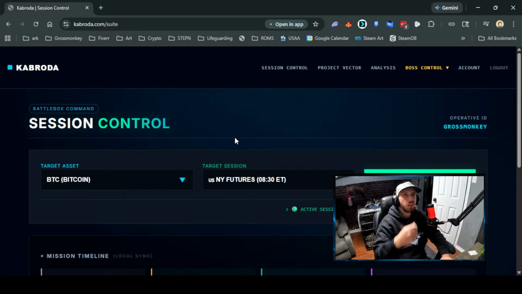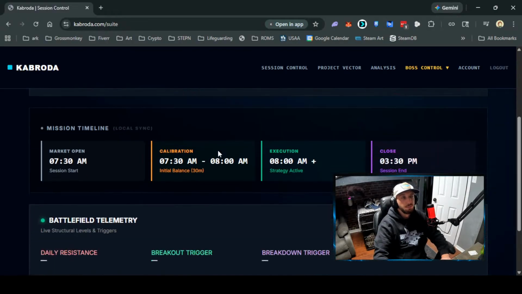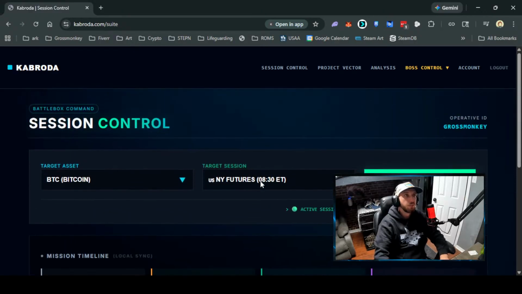We have our indicator built into the website, and we also have a TradingView indicator. I'd just say indicator because that's probably the closest thing to describe what we're looking at.